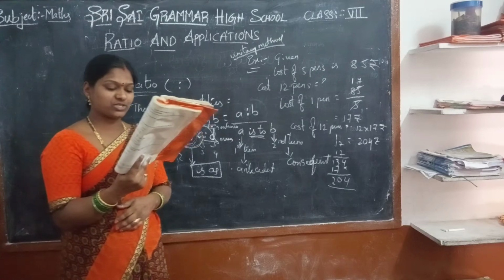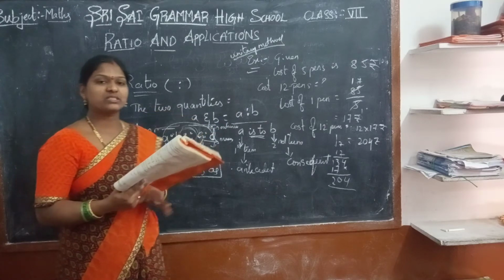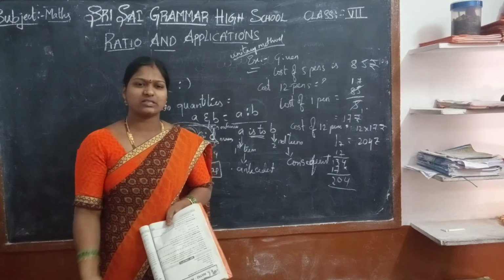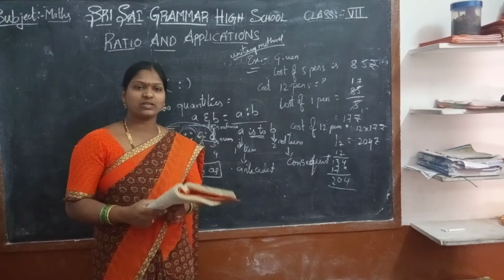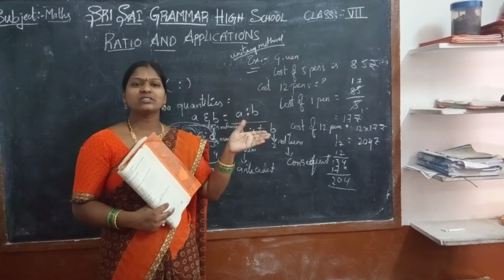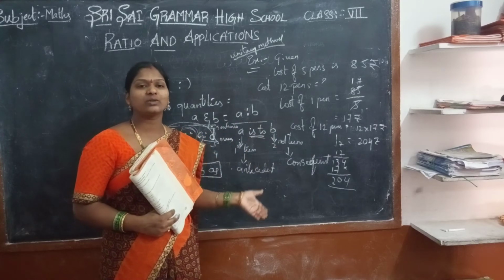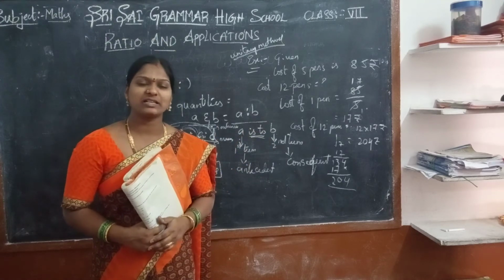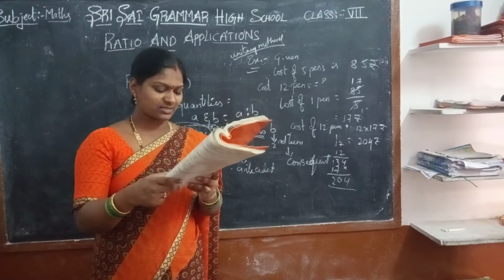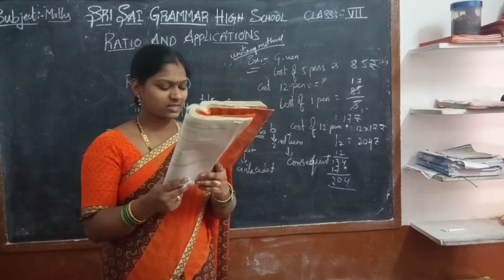If one quantity increases, the other must also increase. The reverse is inverse proportion: if one quantity increases, the other decreases. The number of books and their cost are in direct proportion. As the number of books increases, the cost also increases.